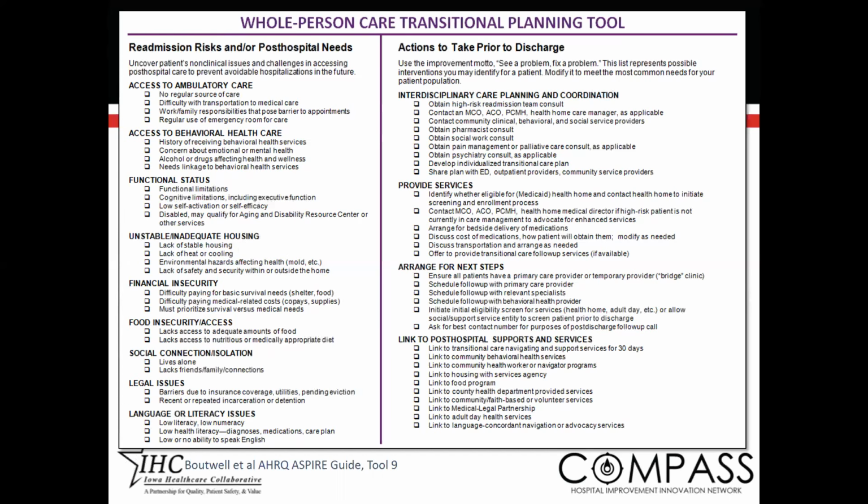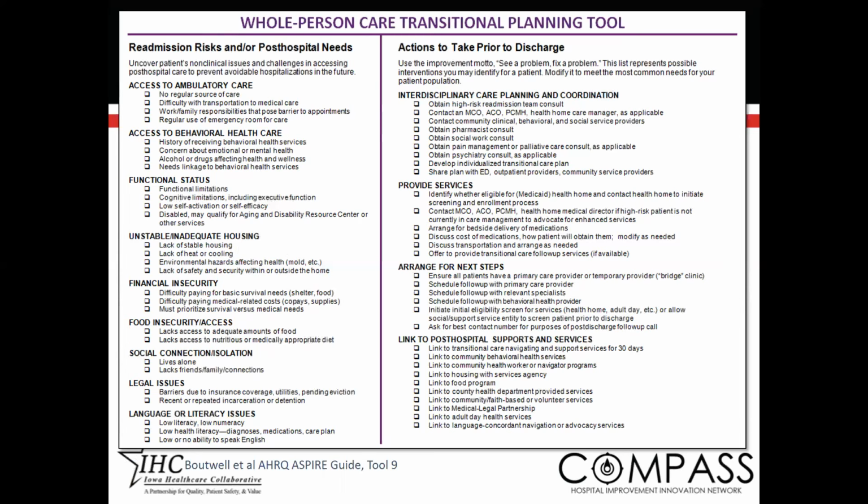we came up with a companion document that you might find some helpful elements in, from the Aspire Guide. So over on the left-hand side, we dig into the more nuanced social, behavioral, logistical factors that might lead someone to be readmitted. So it's not just does the patient have primary care, but do they go to primary care?